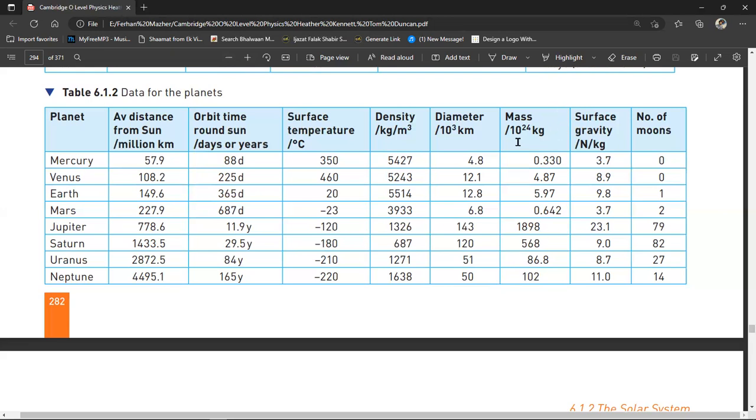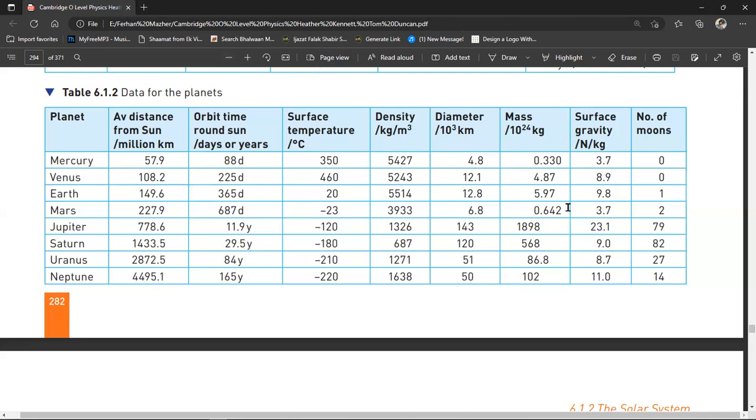Mass, and it is in kgs, times 10 to the power 24 kg. The mass of Mercury is 0.0330 times 10 to the power 24 kg. The mass of Venus is 4.87 times 10 to the power 24 kg, and the Earth's mass is 5.97 times 10 to the power 24 kg.